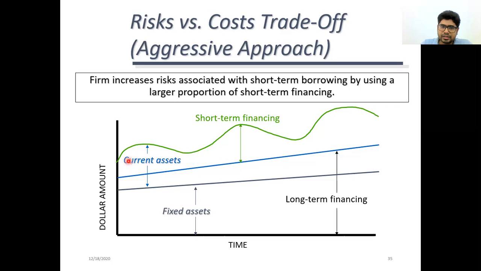What you observe here is that the portion of permanent current assets is reduced, and the portion of permanent current assets is also financed by short-term financing, right?